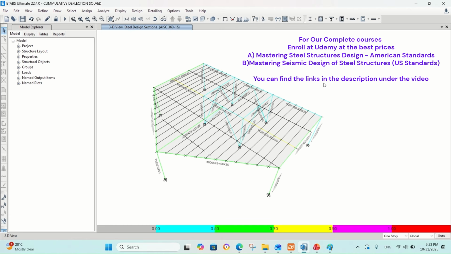For sure, this limit needs to be confirmed by the architect and the mechanical engineer to ensure that, for example, if we have a terrace, the deflection will not result in water ponding and the drainage will work well.